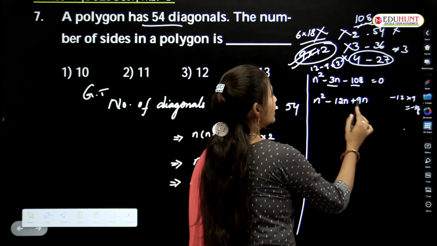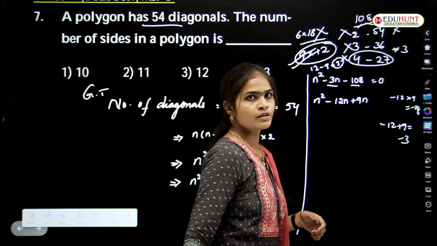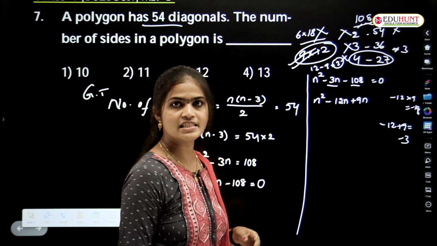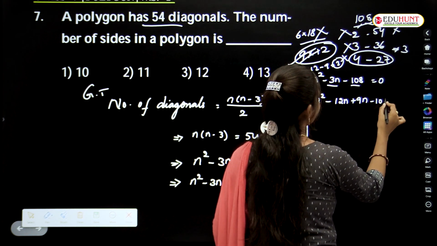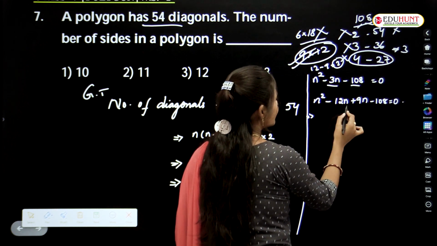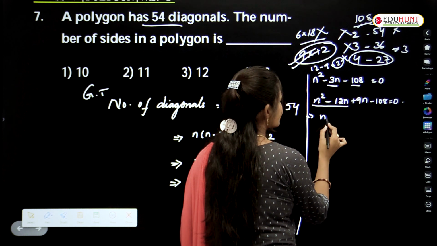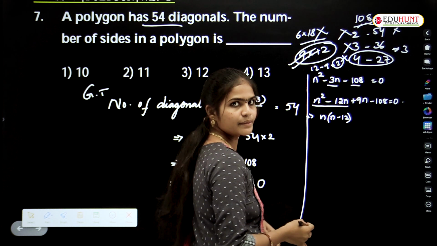And in the same way, minus 12 plus 9 is equal to minus 3. So in those two cases also that is satisfying. That's why it is taken like this. So here, minus 108 is equal to 0. From the first two terms, take n as common. So here n minus 12 is the leftover term.